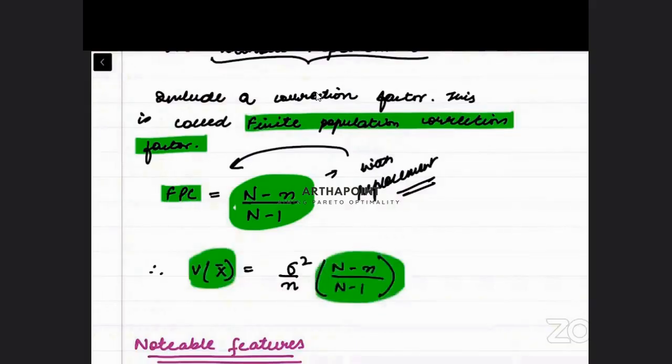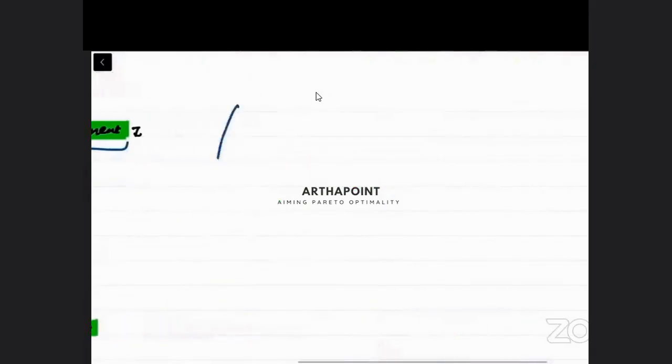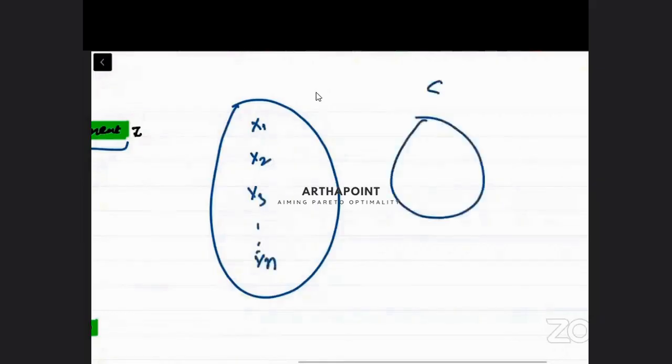Okay, so this is how the two will be different. Always remember, this is throughout. One will be without replacement and one will be with replacement. With replacement means that if I have a population with x1, x2, x3 and so on till xn, and I want to make a sample out of it, I can choose any one value and then I can choose that again.